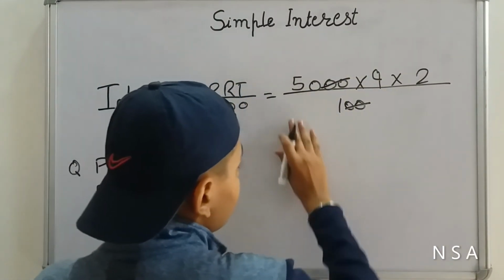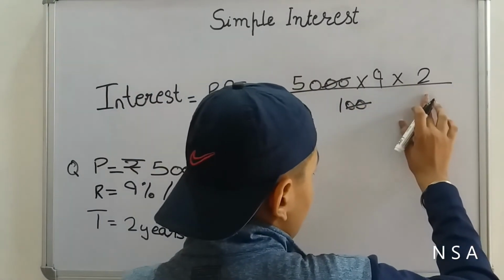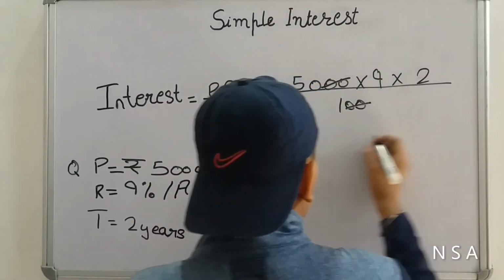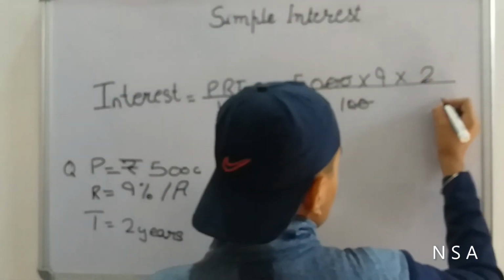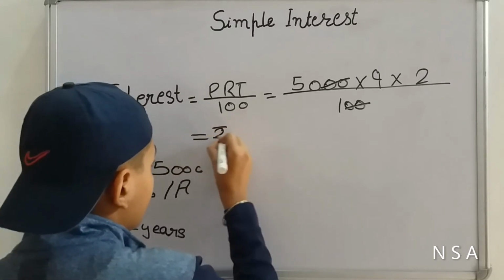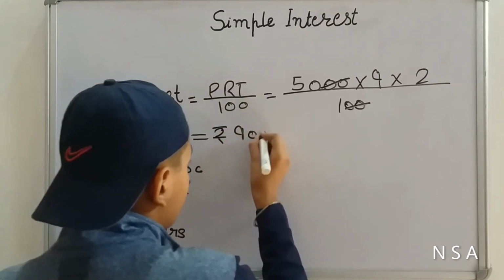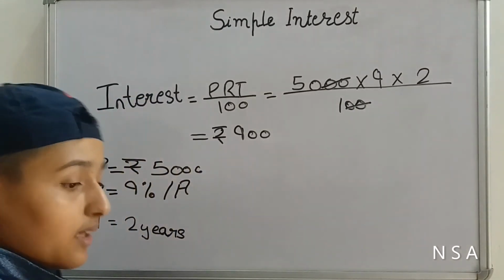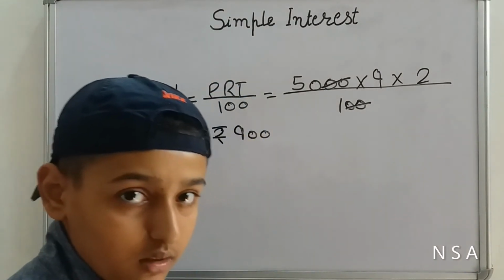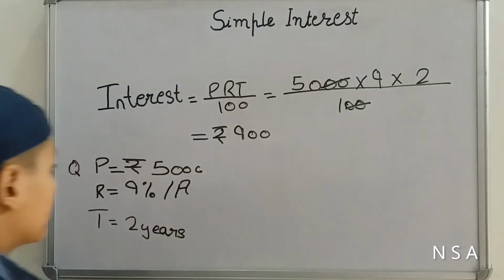It remains 50. 50 2s are 100. 100 9s are 900. It means our value is equal to rupees 900. That means we get 900 rupees extra after the 2 years.